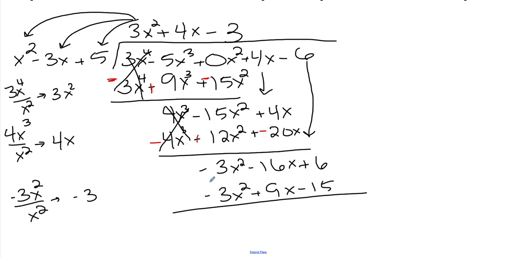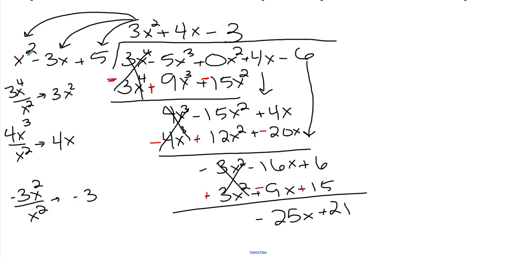And then again, what did we do here? Change those signs. We have to subtract it. Then those are out of here. We get a negative 25x plus 21. Now this is x to the first power, which is less than x to the second power. So we're done.